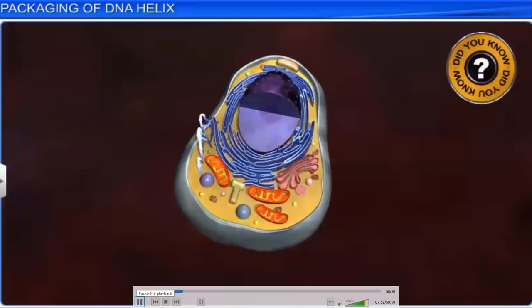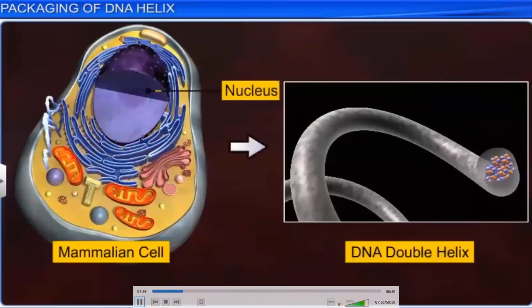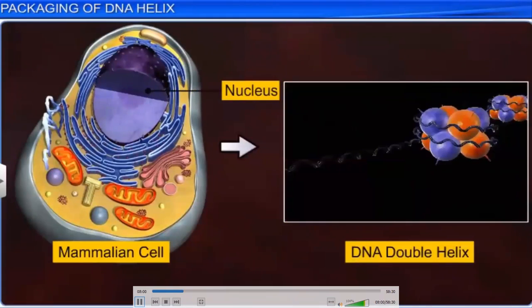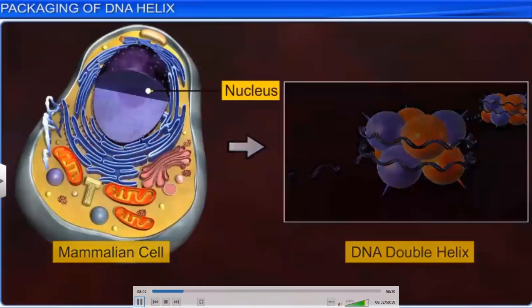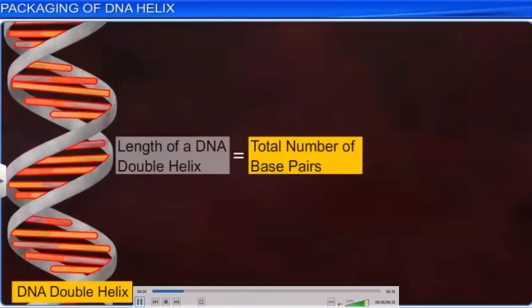Did you know that the length of a DNA, or deoxyribonucleic acid, double helix in a typical mammalian cell is about 2.2 meters? This length is obtained by multiplying the total number of base pairs present in the DNA double helix. The topic of DNA structure is over.